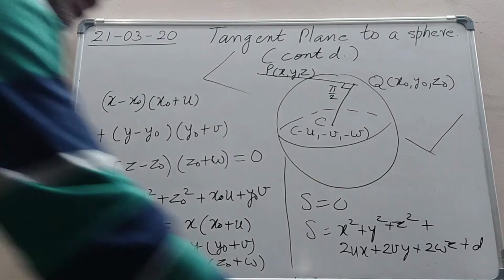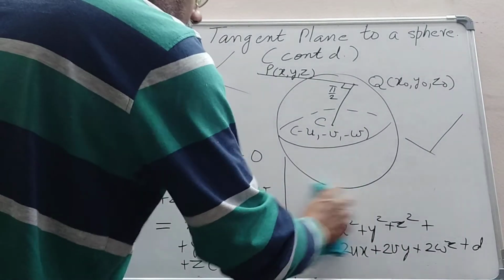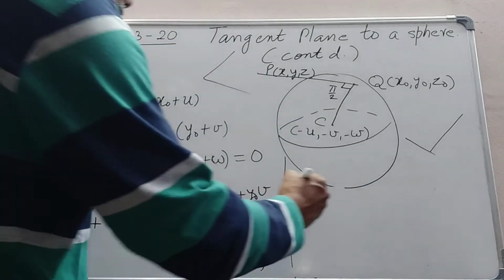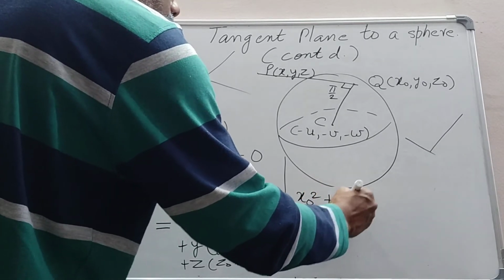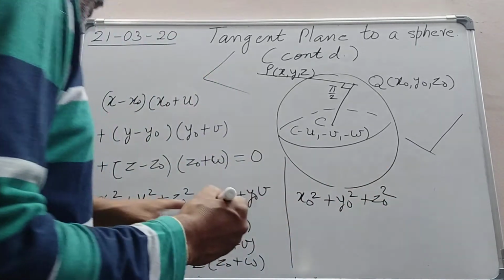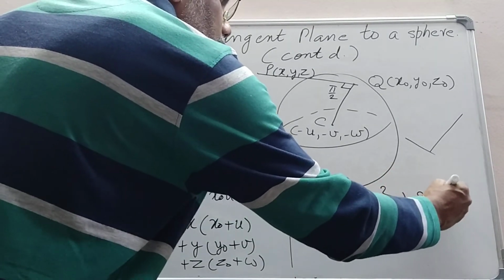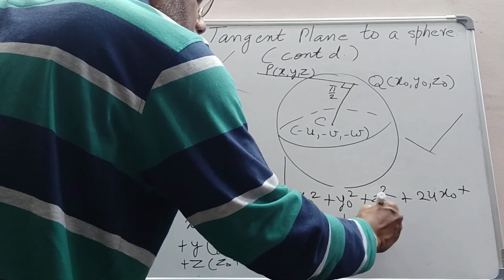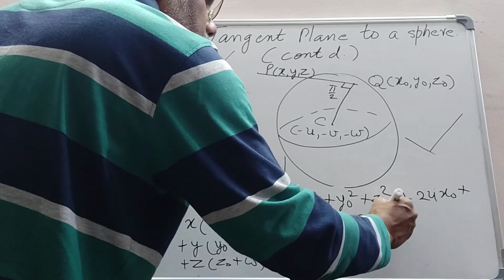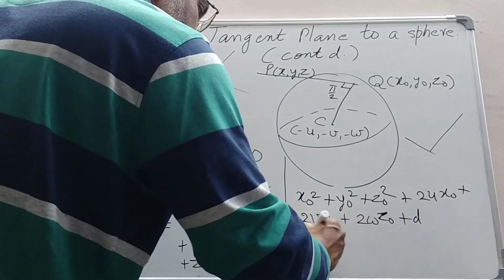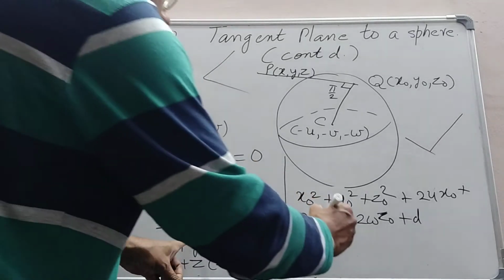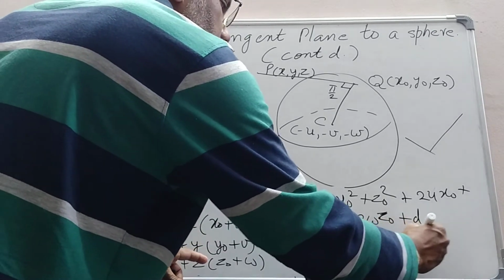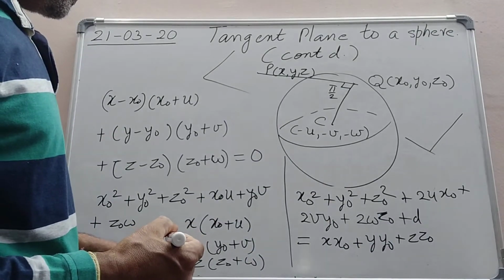Okay, so what I get is x0 square plus y0 square plus z0 square plus twice u x0 plus twice v y0 plus twice w z0 plus d is equal to x0 plus y0 plus z0. All right.